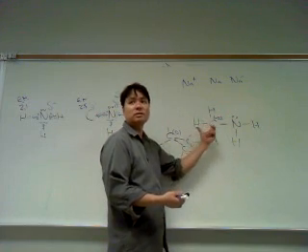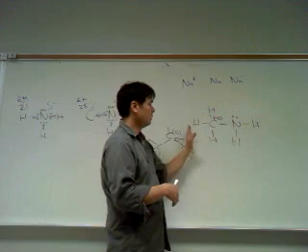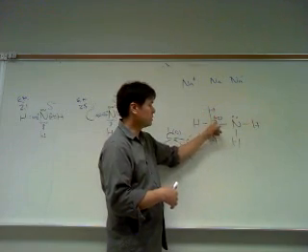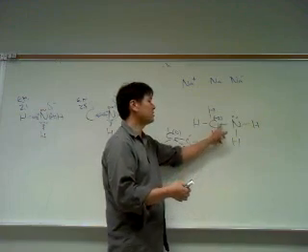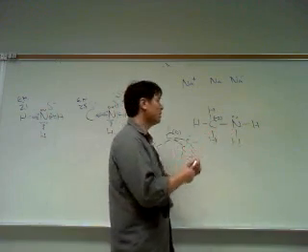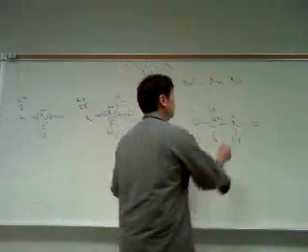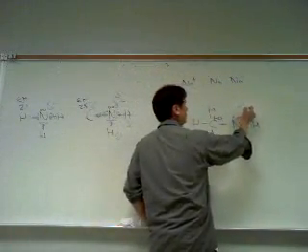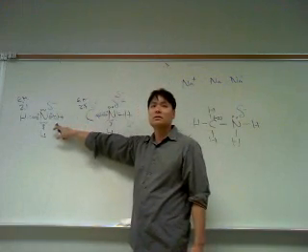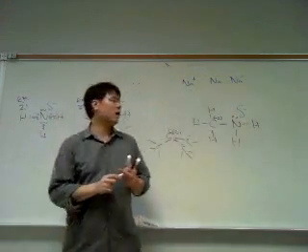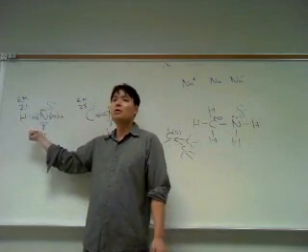Ethyl is CH3CH2, then propyl. These hydrocarbon substituents are electron pushers. They're electron rich. They donate some electron density to this, which means it's going to be even more negative than this. And this is the reason why methylamine is a better base than ammonia.